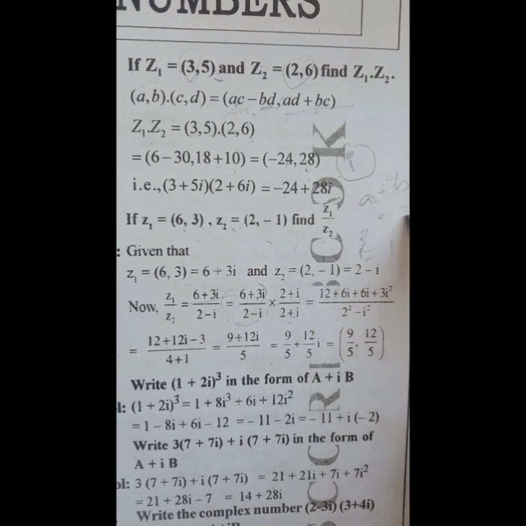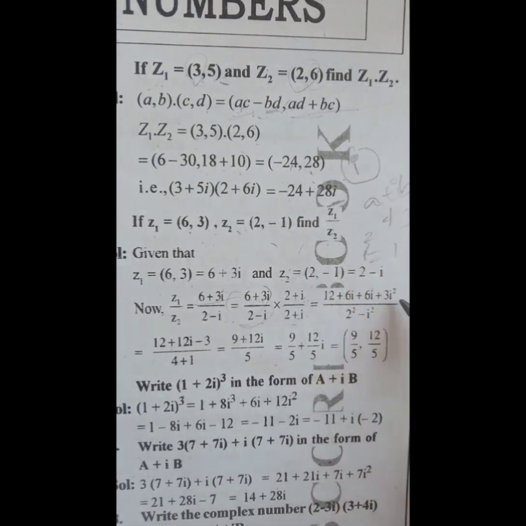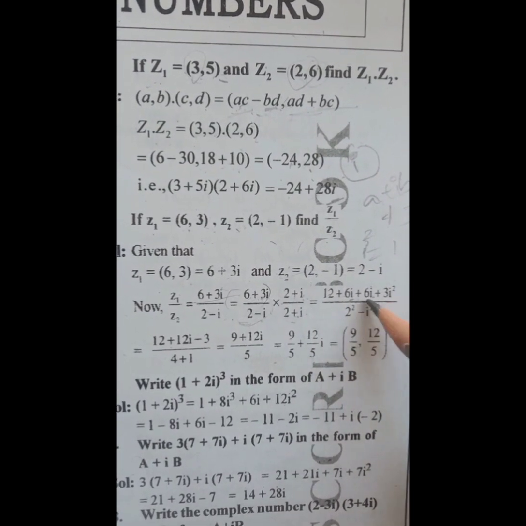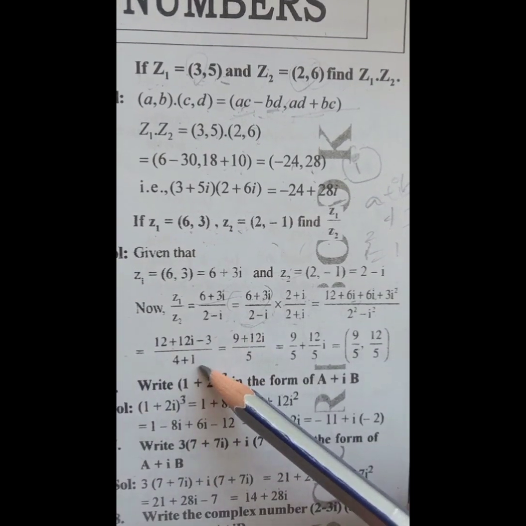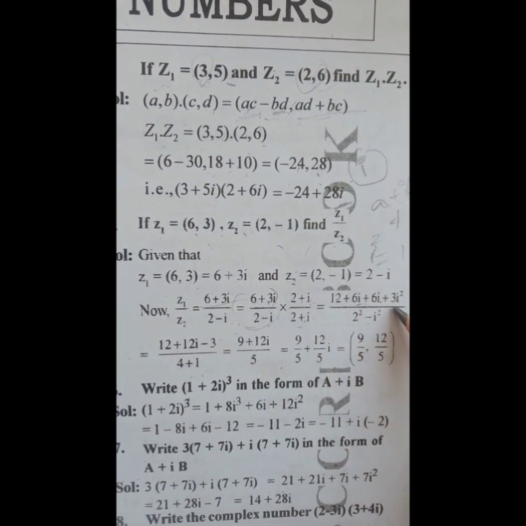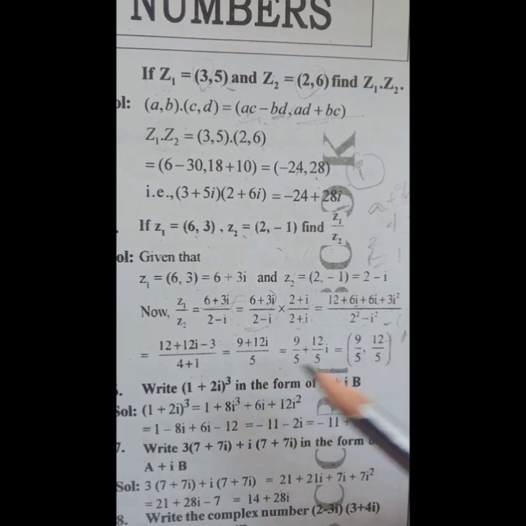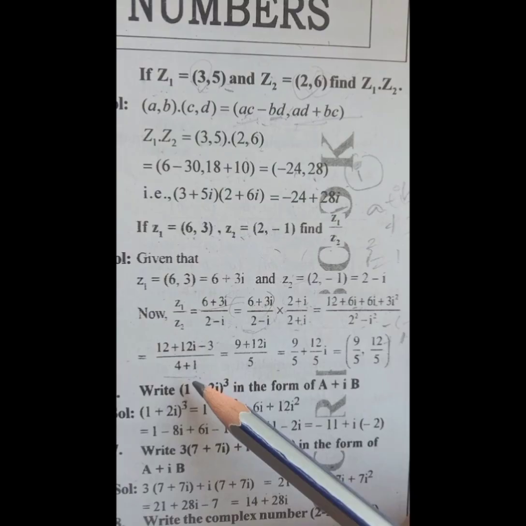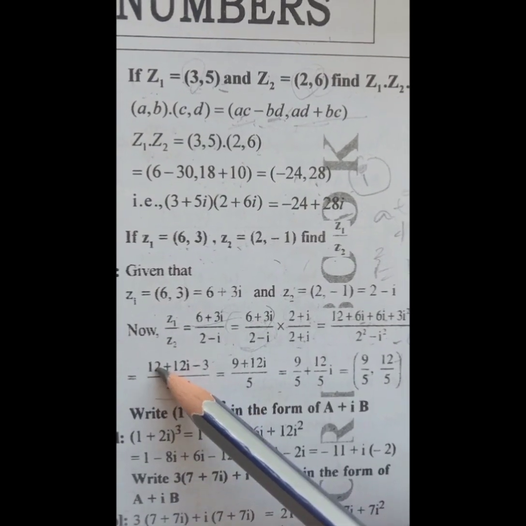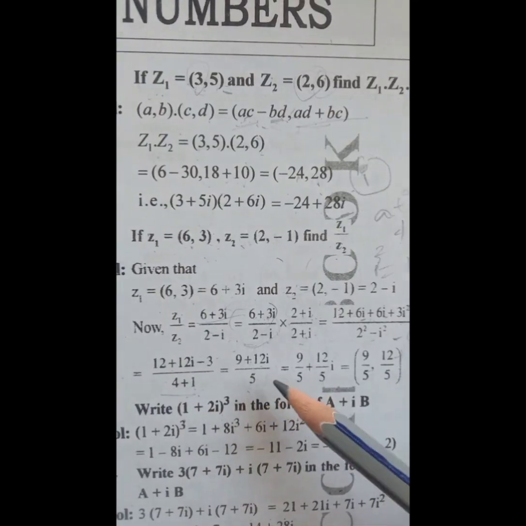Then minus 3 i square, minus of minus is plus. By writing 6i plus 6i is 12i, minus 3 by 4 plus 1. 2 square is 4, minus i square is value 1. Minus of minus 1 is plus 1. We have written the plus 1 value, and then 12 minus 3 is 9 plus 12i by 5. 4 plus 1 is 5.